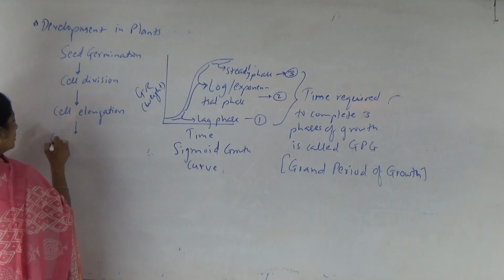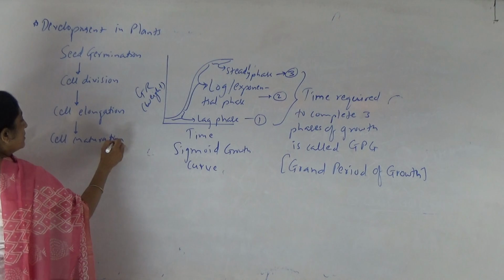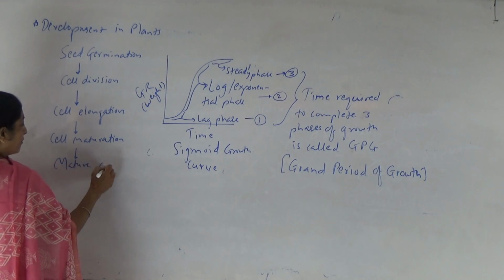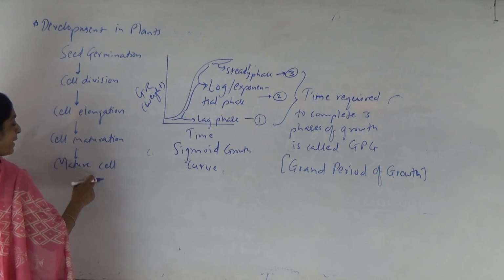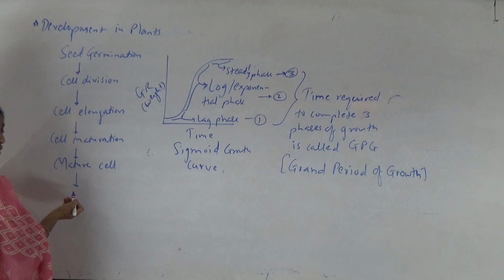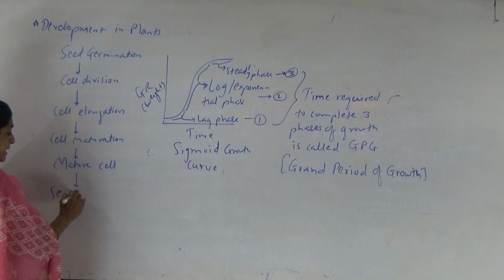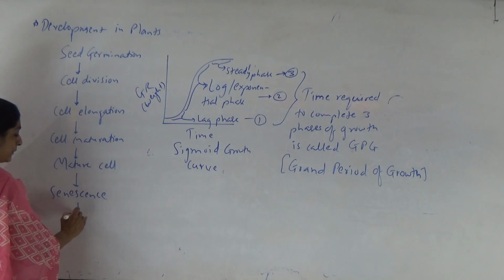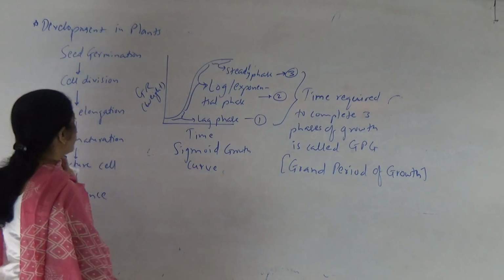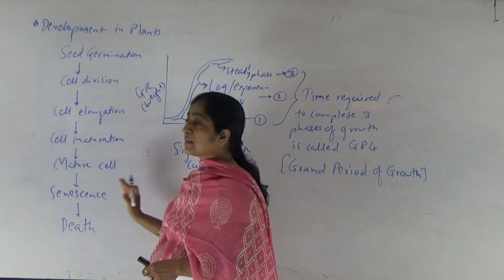Cell elongation results in cell maturation. Cell maturation leads to cause mature cell, right? Mature cell starts performing a specific function, right? And this mature cell leads to cause senescence, and senescence results ultimately in death. Now something may be left out here, but generally the sequential events occur like this.